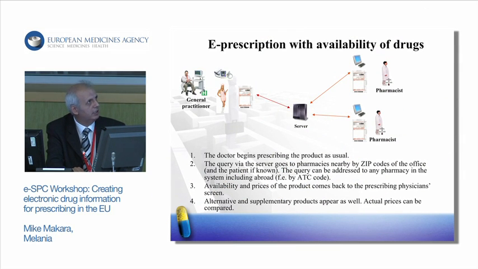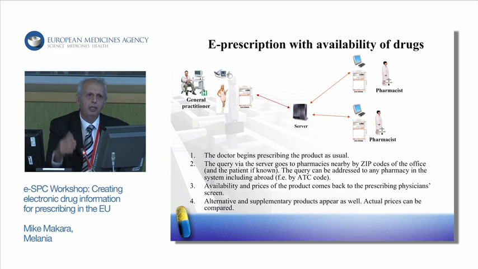When the doctors began prescribing, we asked the pharmacy about the availability and also the prices of the drugs. We can ask for a specific product, and we can ask by ATC code level, like we want an enalapril prescribed, whatever it is, he will choose in the end.